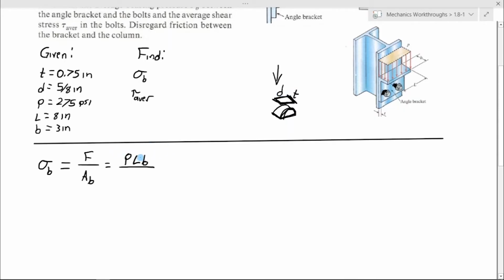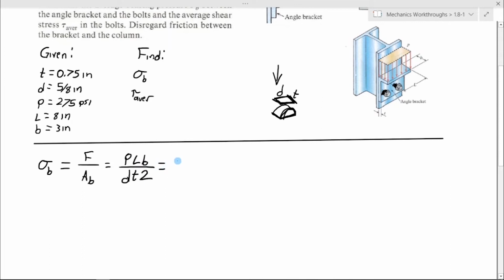So our bearing area is actually going to be the diameter of the bolt times the thickness of the bracket. And then since we have two bolts, we have twice the area it's acting over. So this is our bearing area, and this is our force that is acting on it.